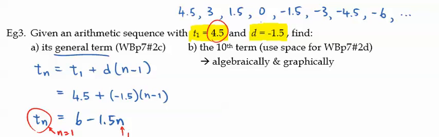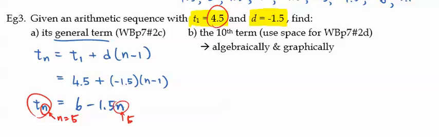If you want to find the fifth term, that means when you have term number 5, n equals 5, then we can substitute n equals 5 into this equation, and 6 minus 1.5 times 5 will then give us term number 5.